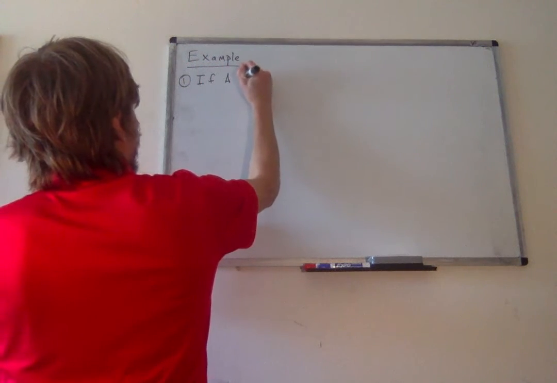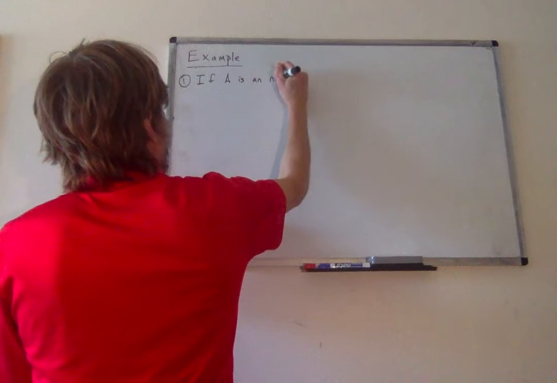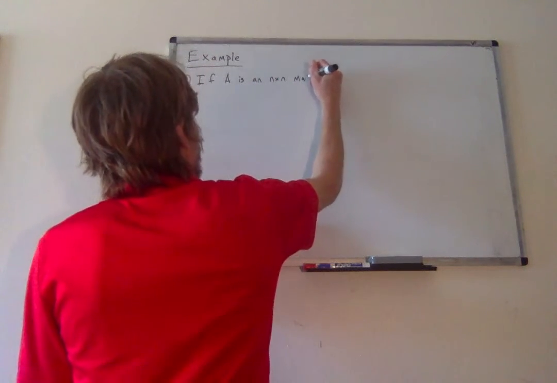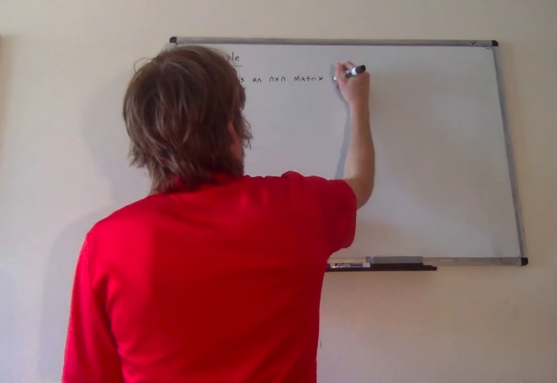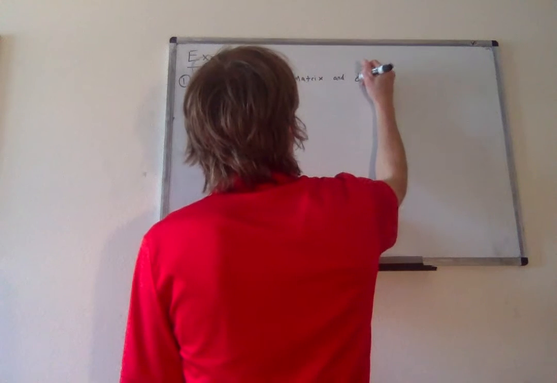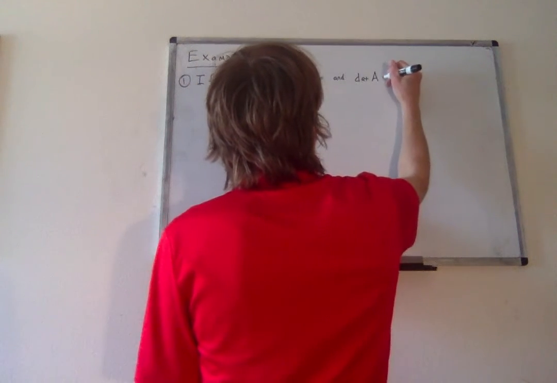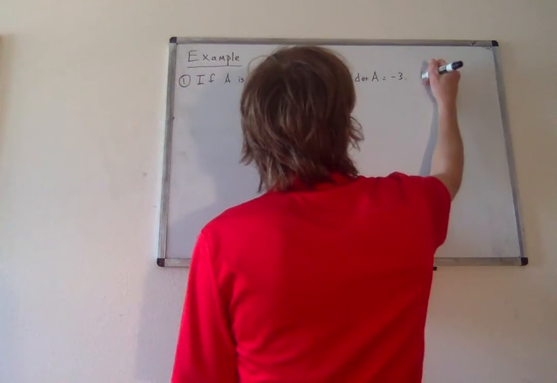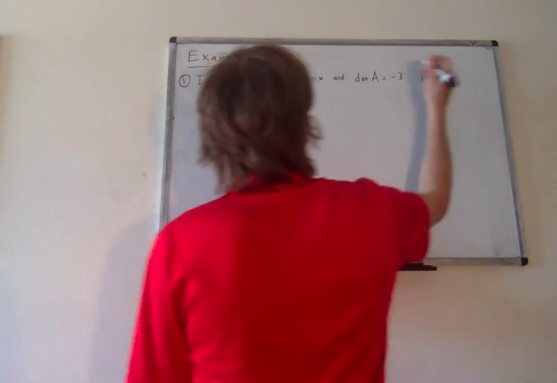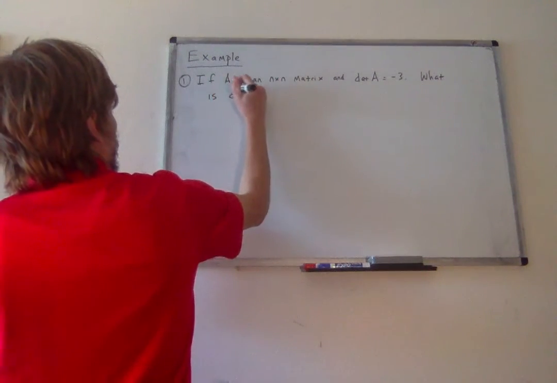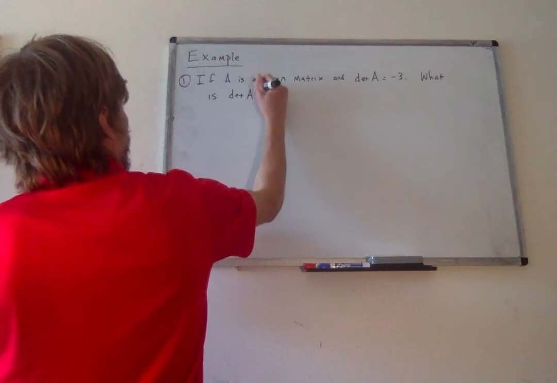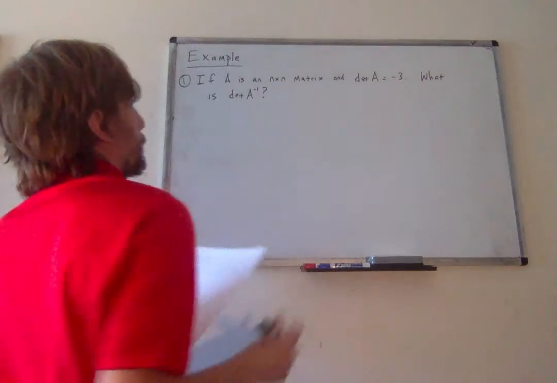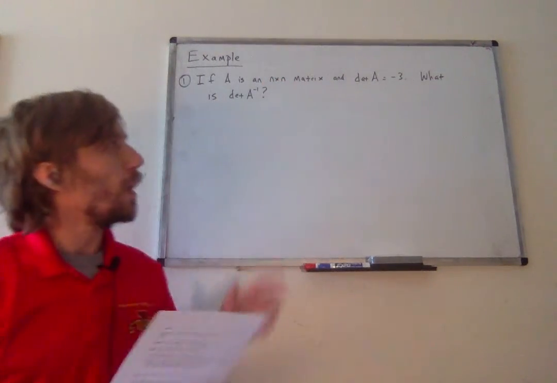If A is an n by n matrix, and the determinant of A is equal to -3, what is the determinant of A inverse? So pause the video.